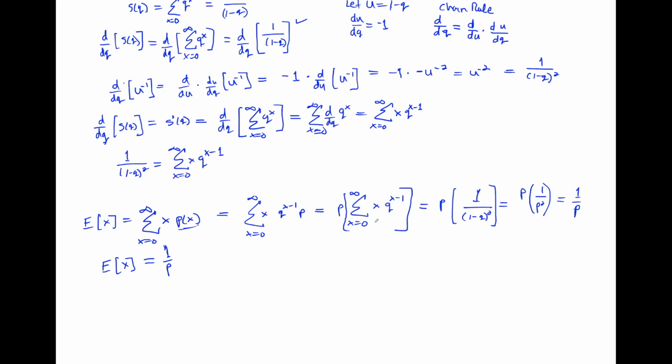Now, we had an expression for our first derivative for the sequence, and that first derivative, we said s prime of q, we solved for that, is equal to 1 over 1 minus q quantity squared. To take our second derivative, what are we going to do?